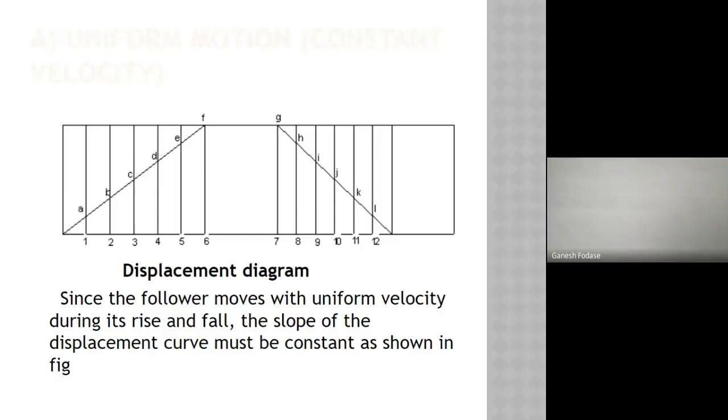Now I will discuss this with the help of, not with the help of PPT, but I'll just draw on this paper, just pin to that camera. Okay. So first type of motion is a uniform motion.